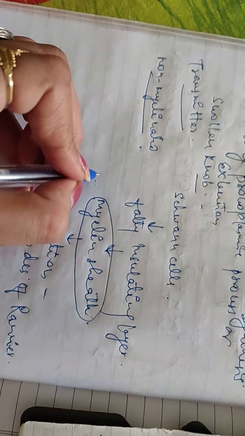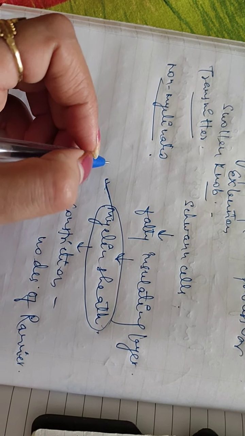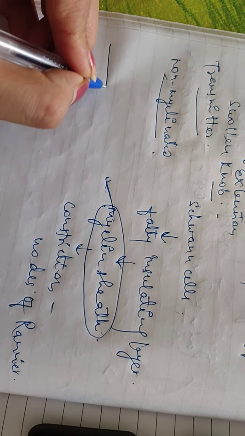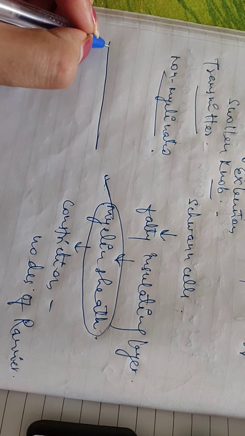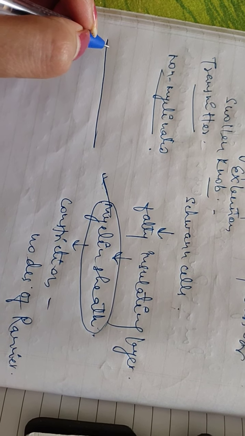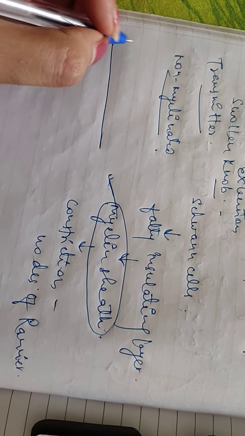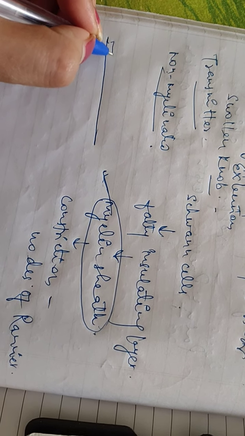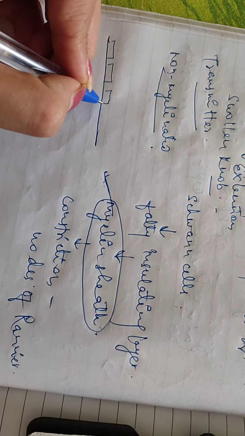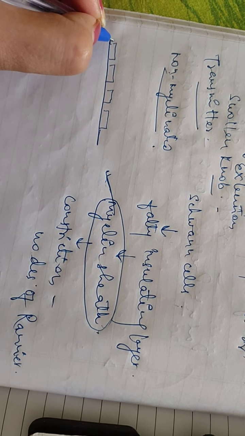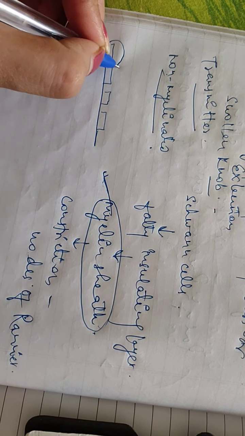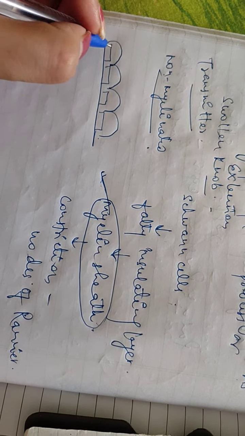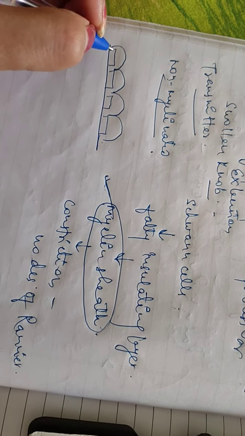But if it is present, it is very good, because myelinated nerve fibers transmit impulses more efficiently than the non-myelinated ones, because due to the presence of this myelin sheath, the messages will hop like this. This is known as saltatory conduction. You will study it in class 11th.